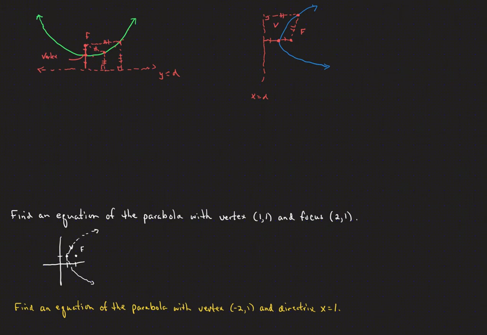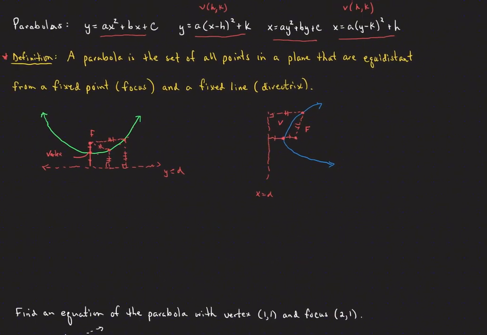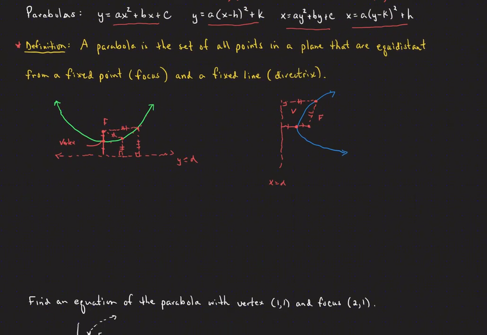I'm leaving off some important information about the relationship between these distances. The distance from the focus to the vertex, which is also the same as the distance from a point on the curve, in this case the vertex, to the directrix, we are going to call p.